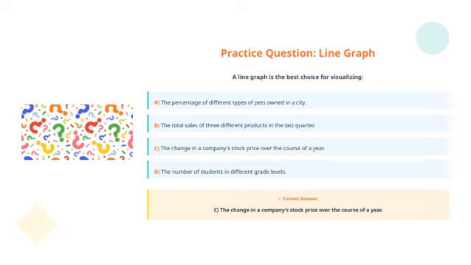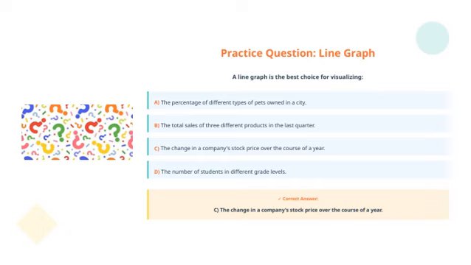It's important to note that line graphs are especially useful for tracking progress or identifying patterns. They allow us to see at a glance whether a variable is increasing, decreasing, or remaining steady over time. This makes them powerful tools for making data-driven decisions or understanding long-term trends.